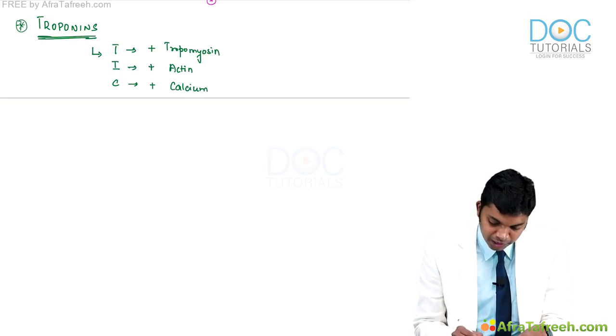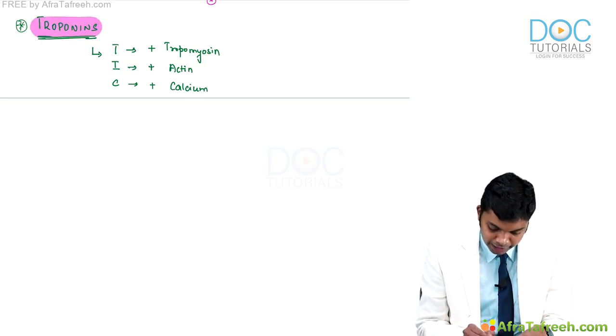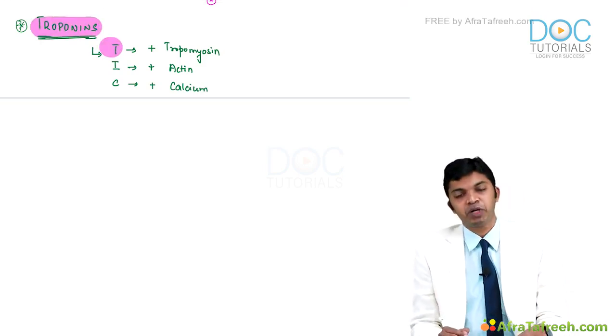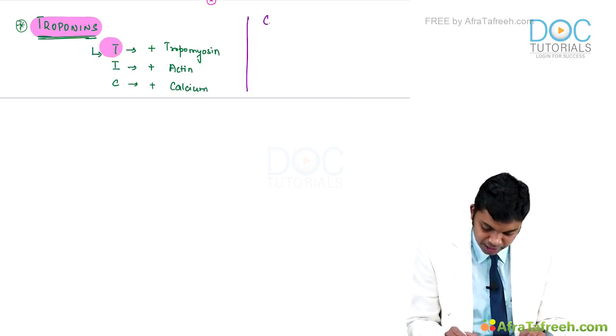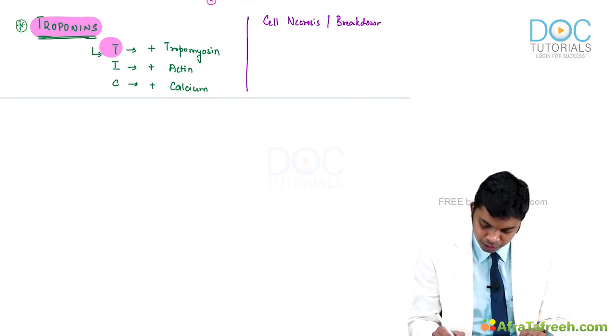Out of all these three molecules, troponin T is extremely important because with every cell necrosis, okay guys, with every cell necrosis and cell breakdown, troponin T is released.